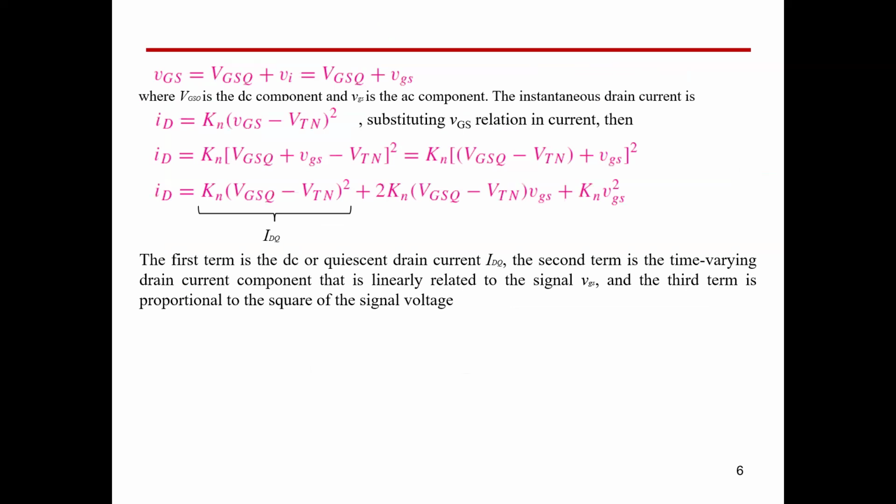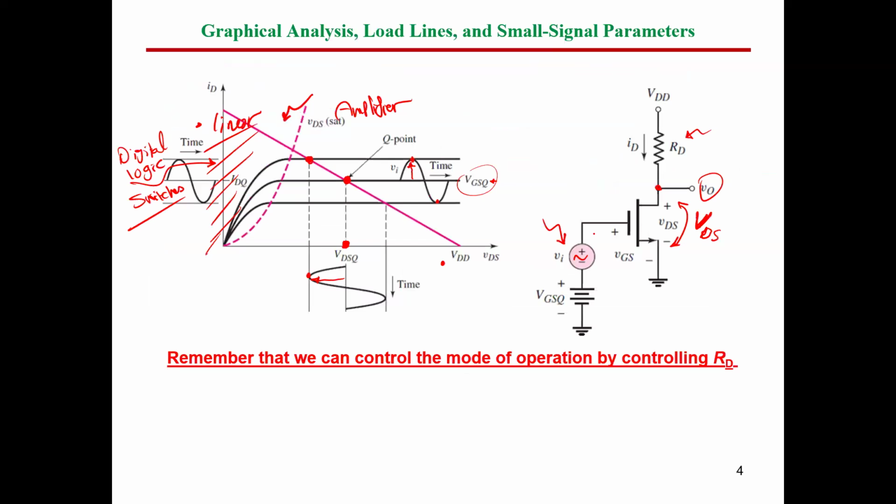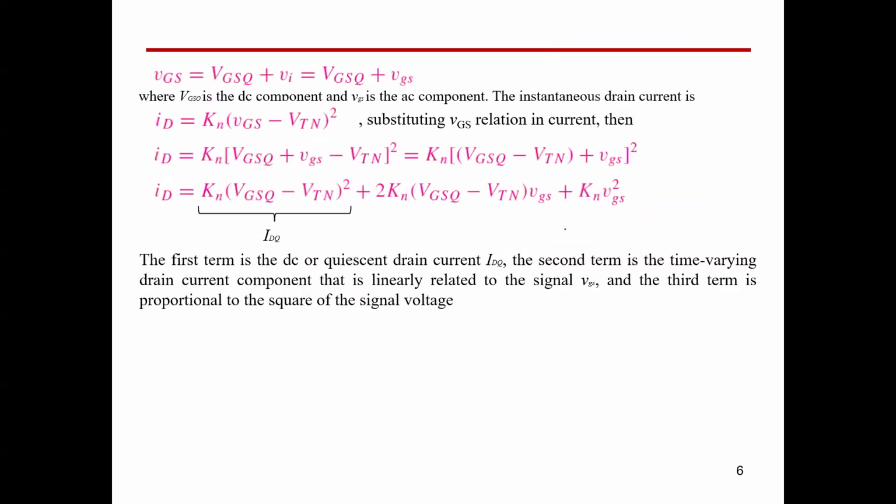So I can say for this signal here, the input volt we have has an AC component and a DC component. So little v capital GS, which is the complete instantaneous waveform, will include both the DC component and the AC component.